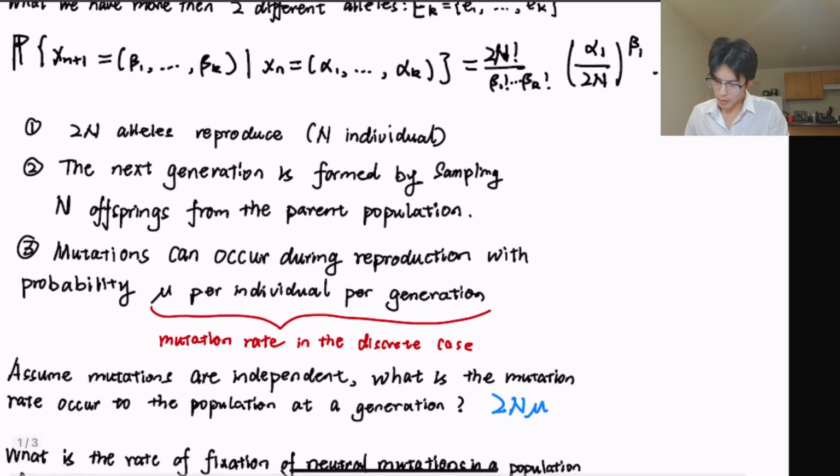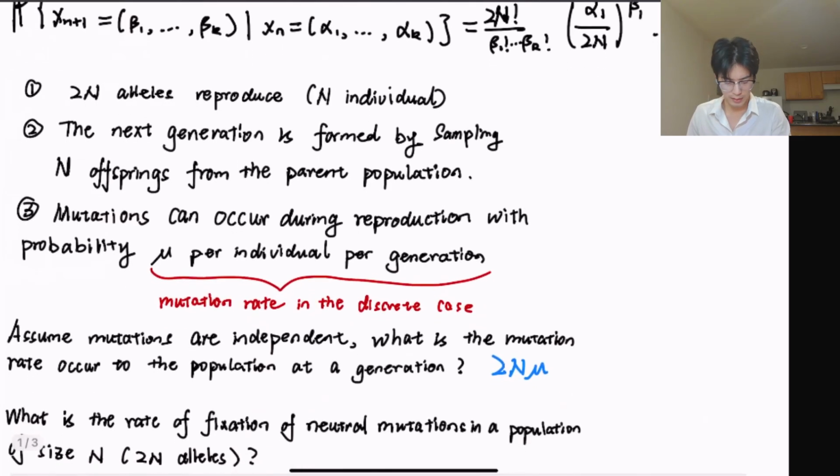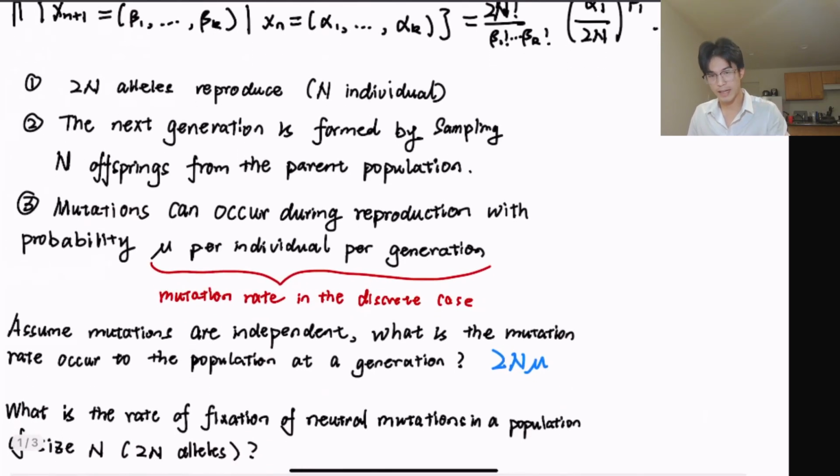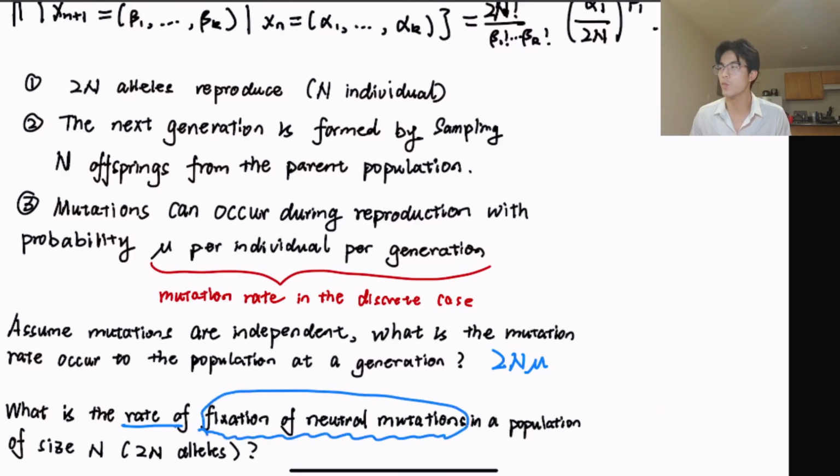So another question that is asked is: what is the rate of fixation of neutral mutations in a population of size n, or 2n alleles? I know this might be confusing. We need to really understand what the fixation of a neutral mutation means.